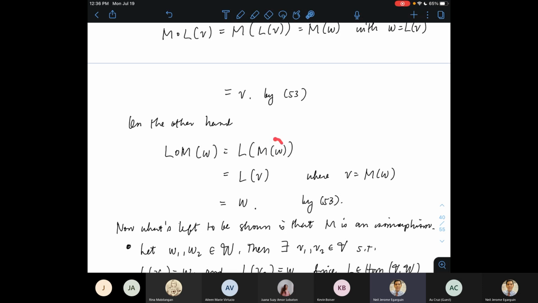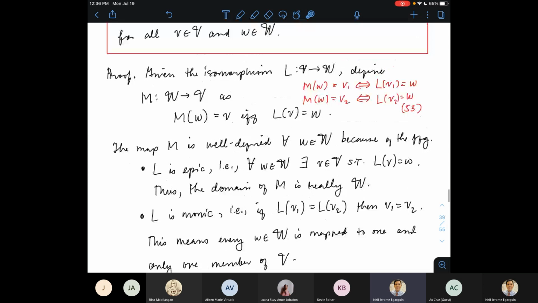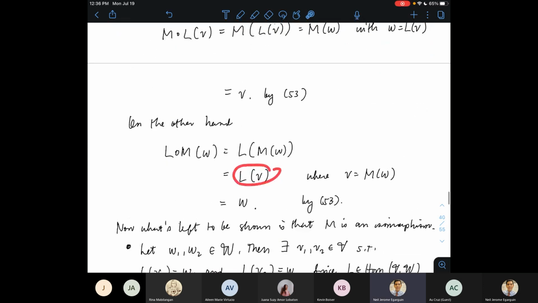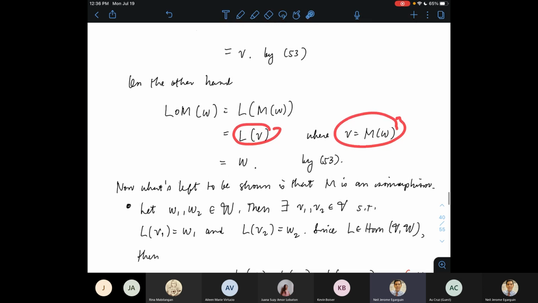I just said, let me call M of W equal to V. But what is L of V? If M of W is equal to V, which is what we assumed by change of variable, that implies that L of V is equal to W. And hence, L circle M of W is equal to W.